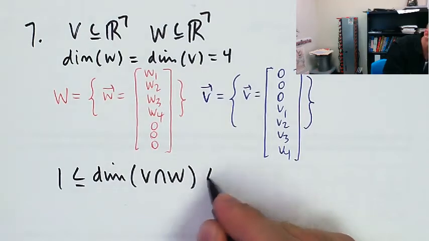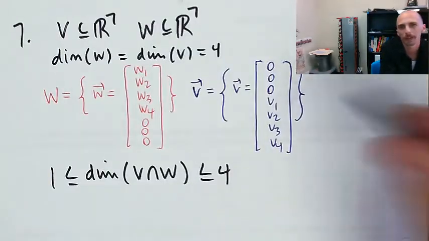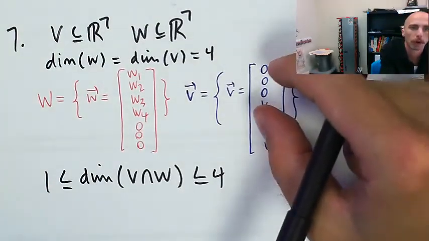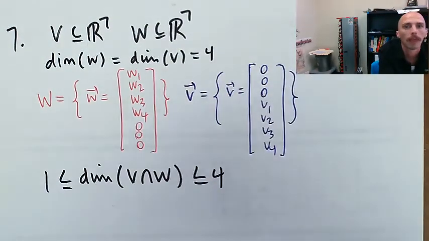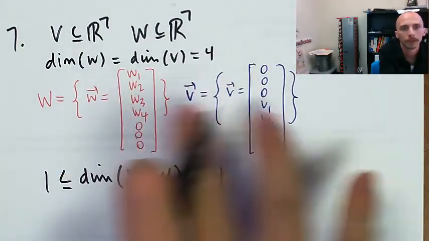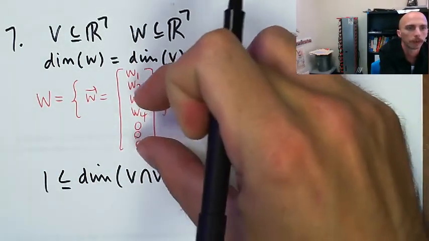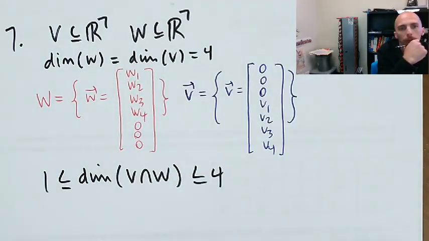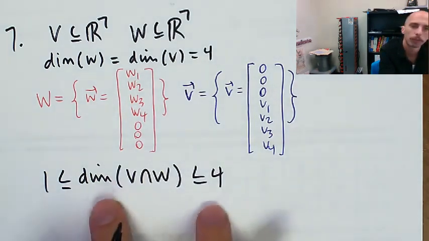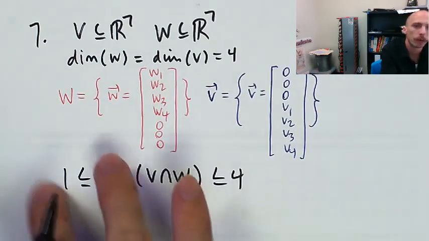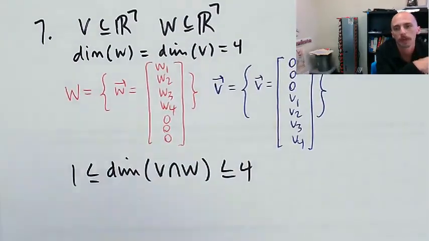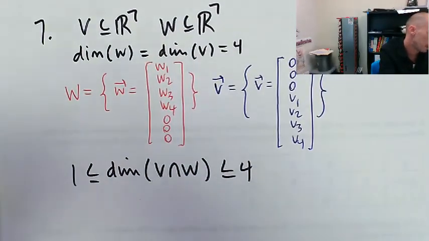But I might also say it's less than or equal to 4 because I only really have 4 free variables to work with. Suppose they were all in the same spot, then we would have a 4-dimensional intersection. That's just what I'm going to say there, which is greater than 0, so 0 is the one that cannot be the dimension of the intersection.